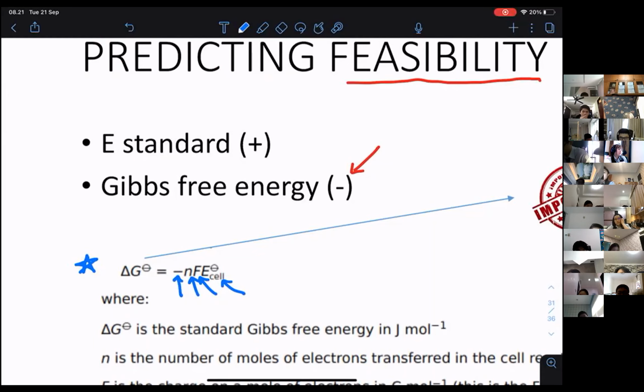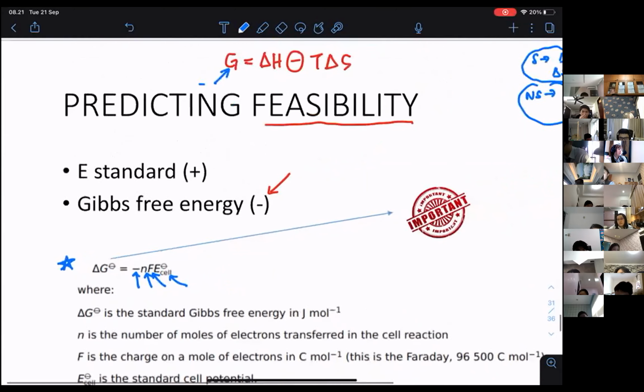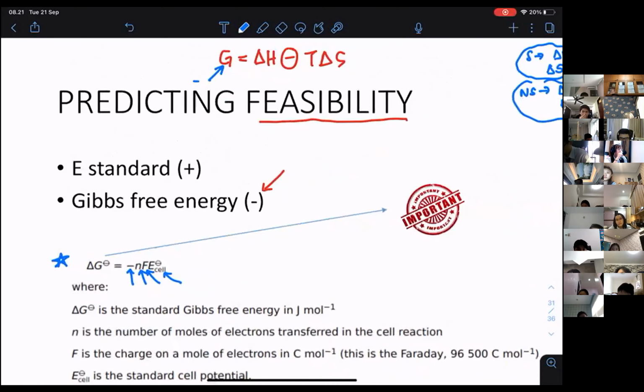What is important is, that's why I put this as important: if you use this formula, nFE, you must make sure that your Gibbs free energy is in joule. Always remember. Normally it will be joule per mole, but because the number is big, some of us have a tendency to change it into kilojoule. So you need to make sure it is in joule.